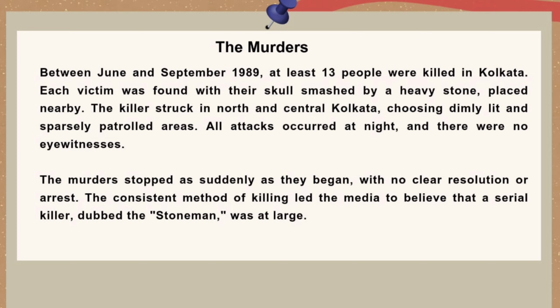The killer struck in north and central Kolkata, sparsely patrolled areas, and all the attacks occurred at night and there were no eyewitnesses. After some time, the murders stopped as suddenly as they began, and there was no clear resolution or arrest. The consistent method of killing led the media to believe that a serial killer, dubbed the Stoneman, was at large.